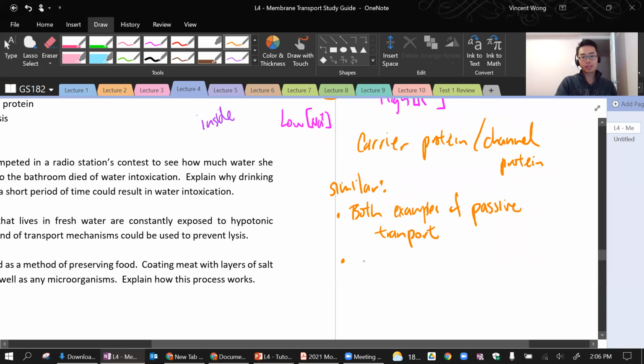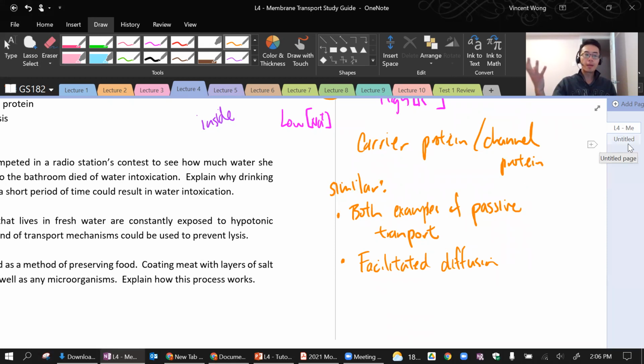And they are considered facilitated diffusion. One more time, what that means is because the molecule is either too big, charged, or maybe hydrophilic, it is not able to cross the phospholipid bilayer on its own. So it needs a little bit of help from the membrane protein.